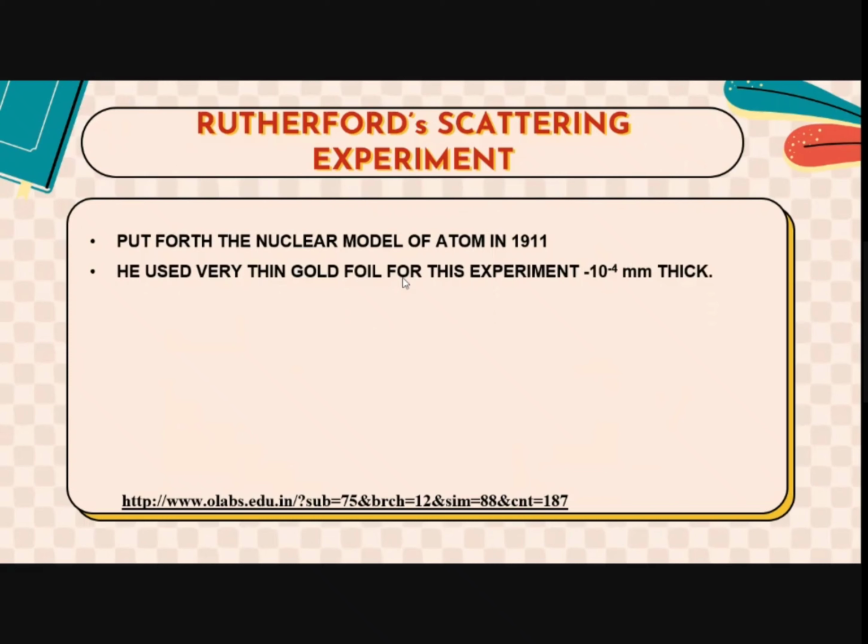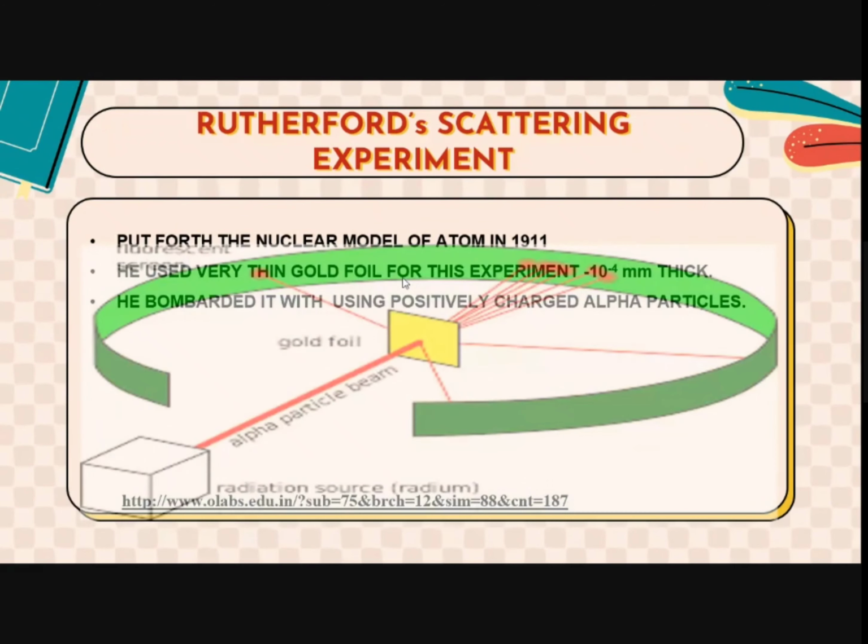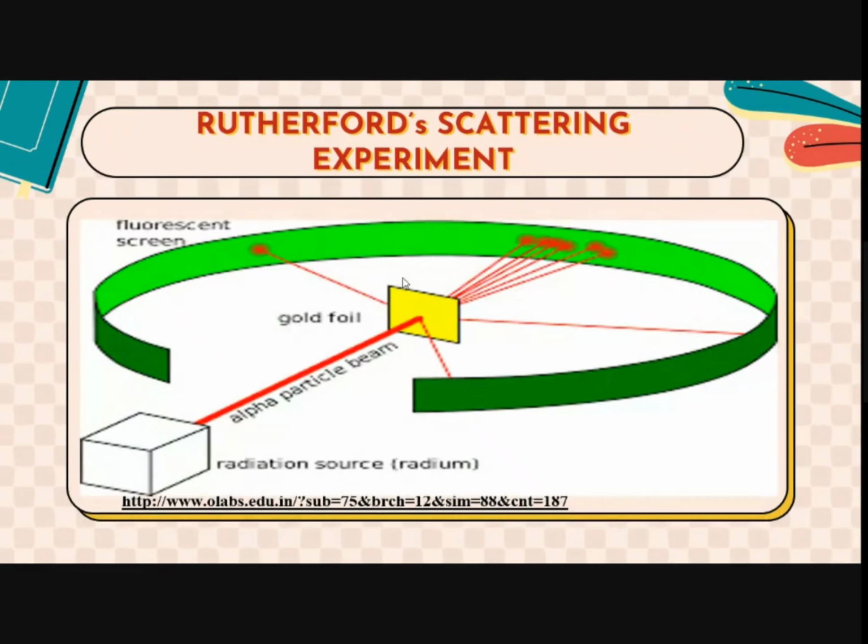He used that thin a foil for this experiment, and he bombarded that foil with a positively charged alpha particle ray. That was how the experiment assembly looked. But if we just look at this assembly, I don't think we'll be able to understand what exactly happened. So let us look at something else to understand how exactly Rutherford's experiment took place.